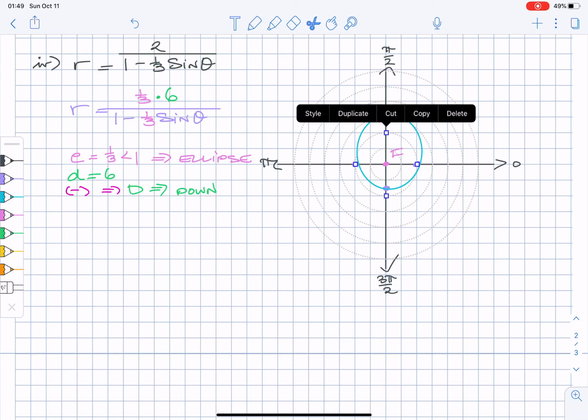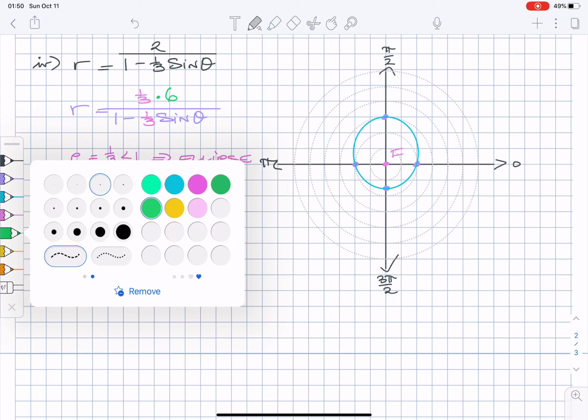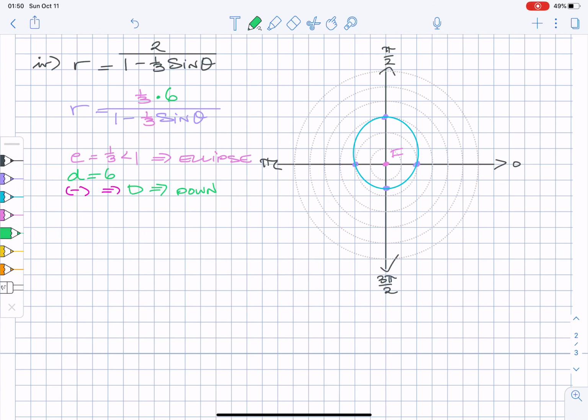Or at least I can try. Okay, good enough. But what about the directrix? The directrix, I claim, is down 6, 1, 2, 3, 4, 5, 6 from the pole.